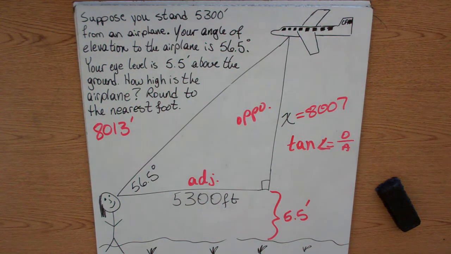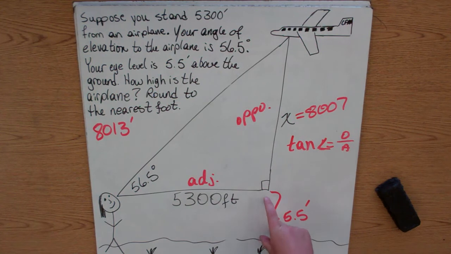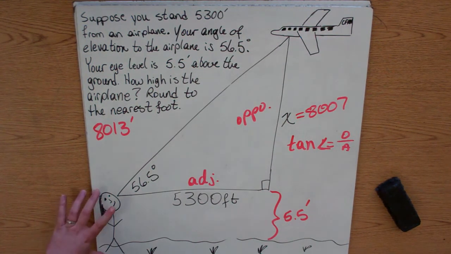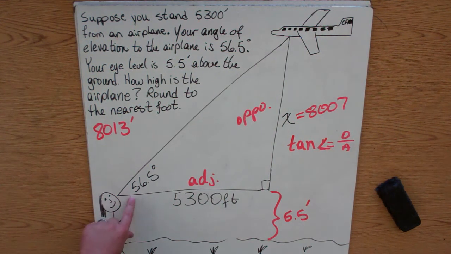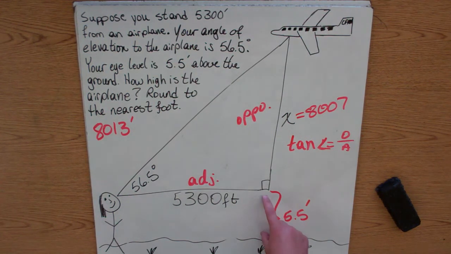So for angles of elevation and depression, well, mostly for elevation, well, some for depression, you have to take into account the distance. Like if it's a person, you have to take into account the distance from their eye level to the ground. So, don't forget to take into account this extra distance here.